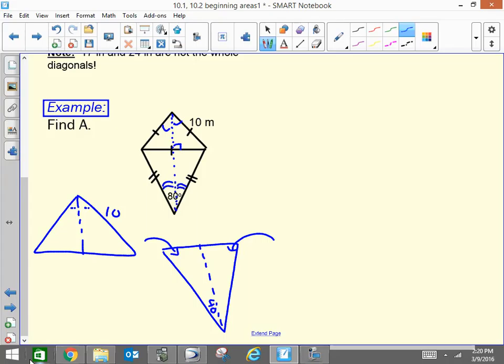They're equal. Okay. Remember this was 80. So what are those other two? Because 180 minus 80 is 100 divided by 2 because we know they're congruent. Good job. 50. All right. Whew. Okay. We don't know anything about that. We just need to know that piece.